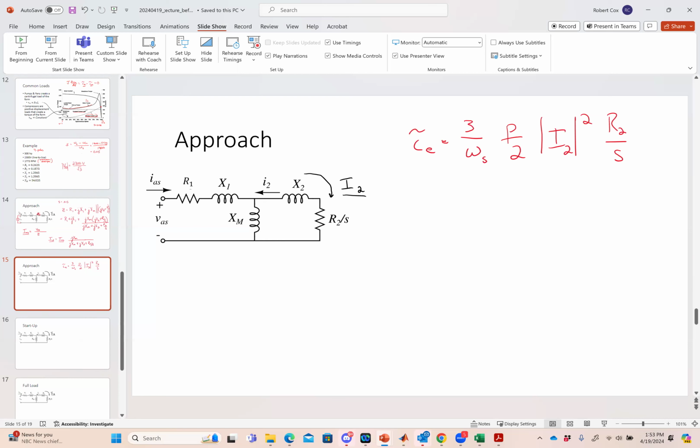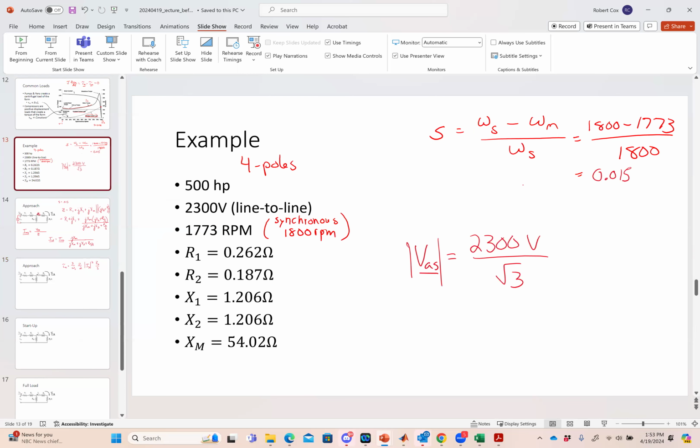I didn't actually run through and calculate that number, but you can. Because this is rated conditions, the torque should be close to 500 horsepower divided by 1773 RPM, converted to Newton meters.